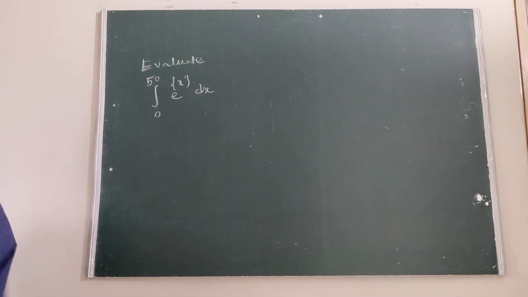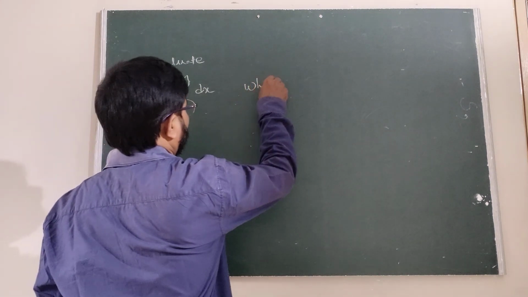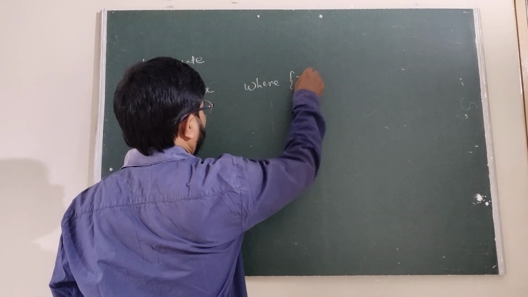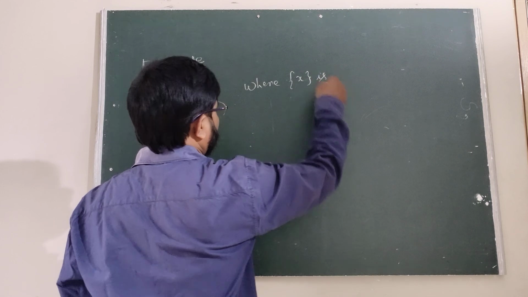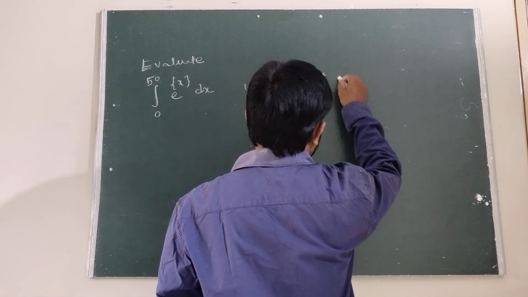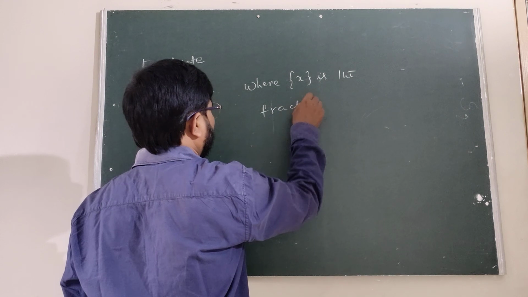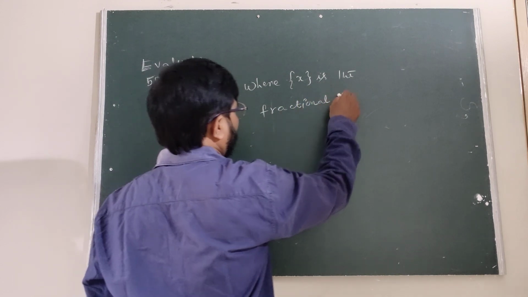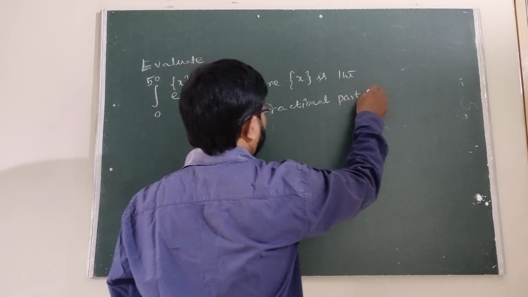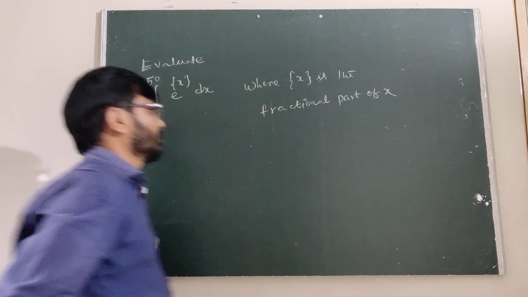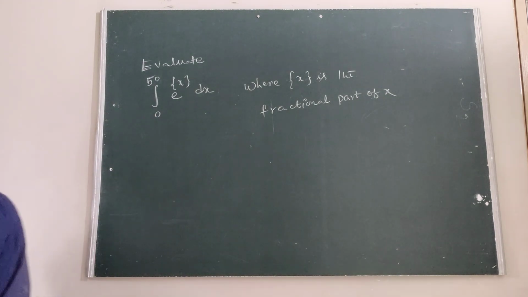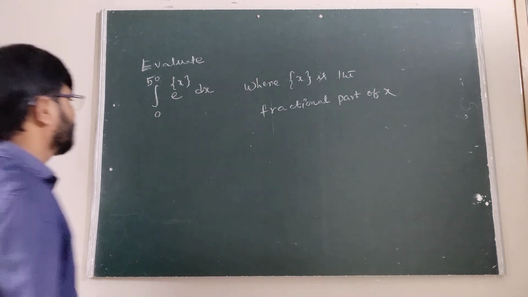E power fractional part of x, where the fractional part of x is the fractional part. This is the fractional part of x. Therefore fractional part of x. How to write this one?